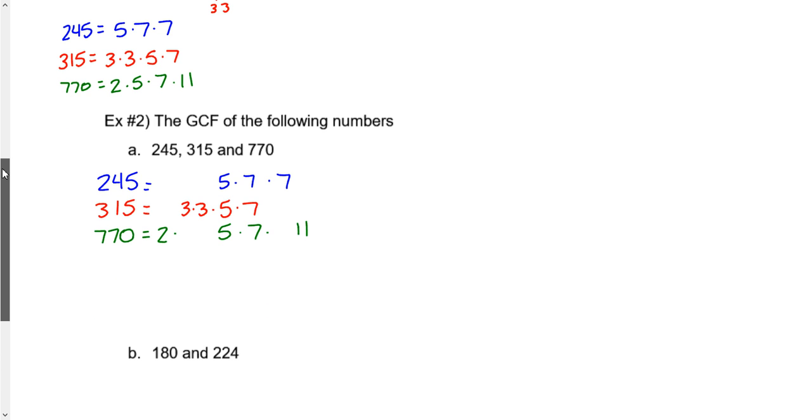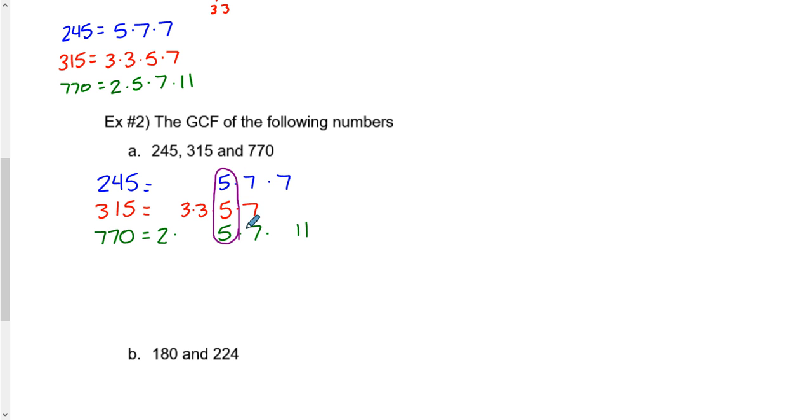The reason I like lining these up is for the simple fact that I can then determine what is in all three. Well, there's only a 2 in the 770. There's only a 3 in the 315. At the same time, the second 3 is only in the 315. There is a 5 in all three of the numbers.